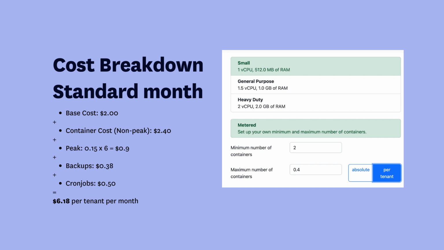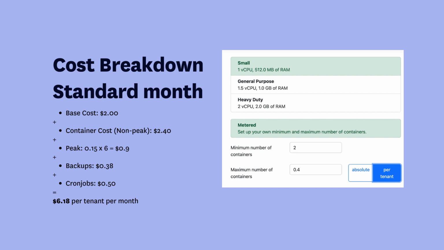So now we add up the base costs of $2 with the container minimum, which is $2.4, makes $4.4. Then we add the peak costs, which is 0.9, the backups, the cron jobs, resulting for a standard month, a tenant price of $6.18.